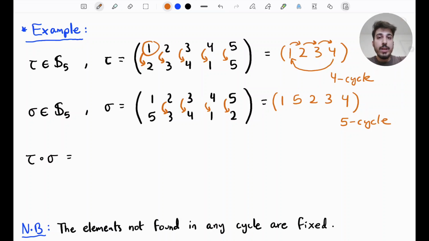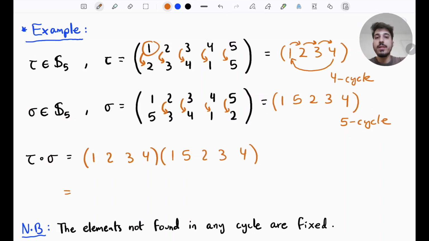Now, not only does this save time in writing sigma and tau, but we will see that the definition will save us time in computing the composition of sigma and tau as well. So let us do that. Let us calculate the composition using these cycles. Tau composed with sigma equals, we write tau, 1, 2, 3, 4, and we write sigma afterwards, 1, 5, 2, 3, 4.